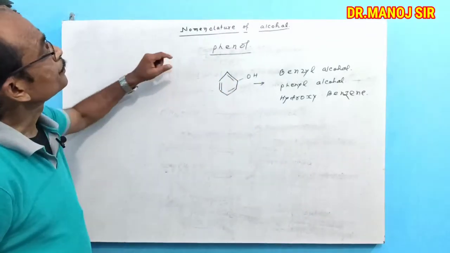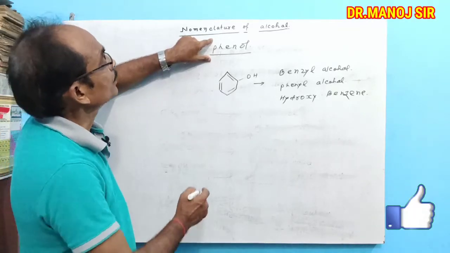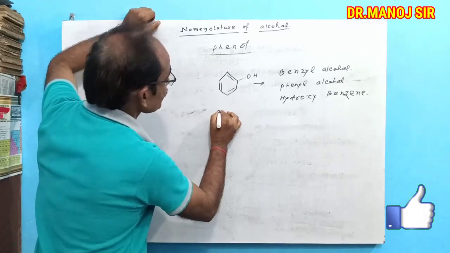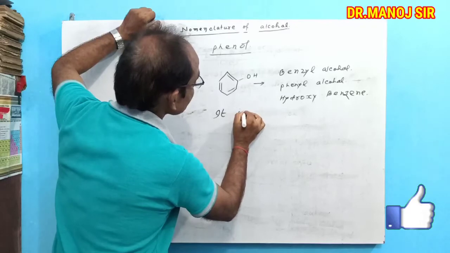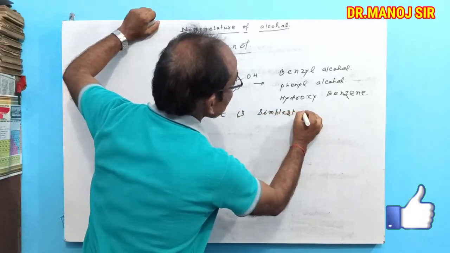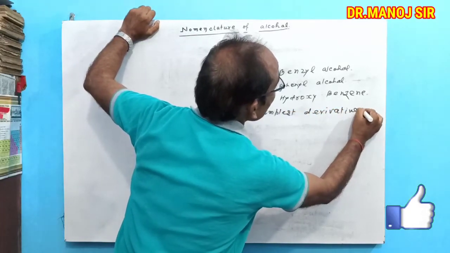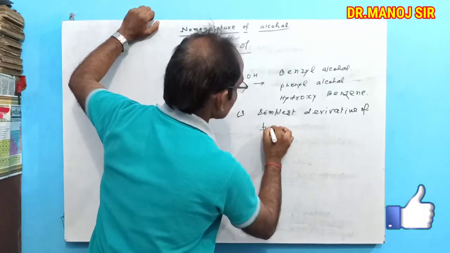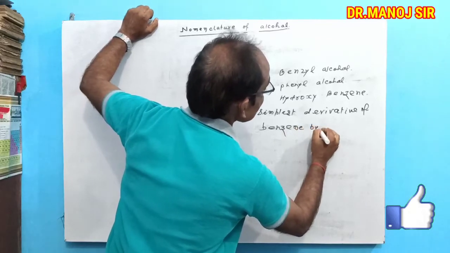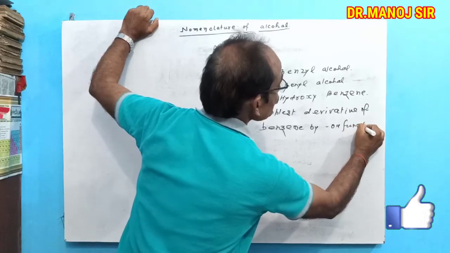The phenol is the simplest derivative of benzene by the OH functional group.